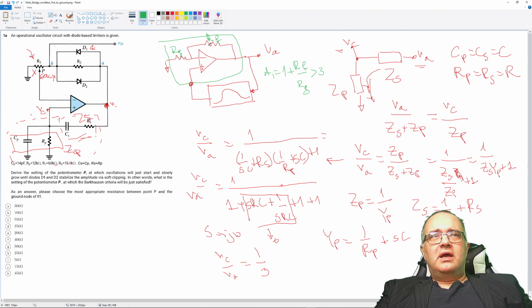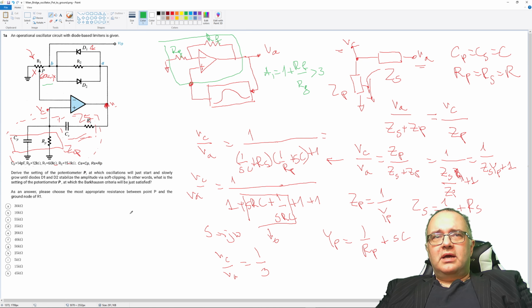Okay, so RF is R2 plus 60k minus X, while RG, the R2 ground, what we want is simply X. So now I can write that I want 1 plus RF, which is R2 plus this portion.